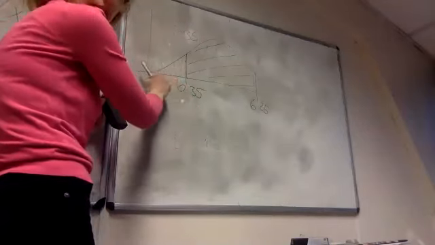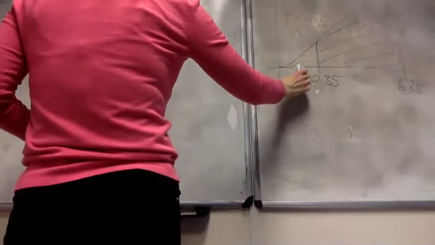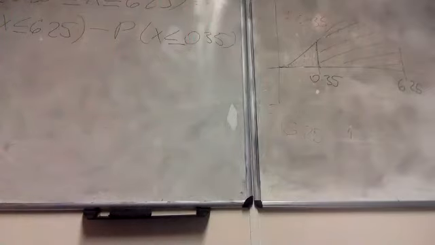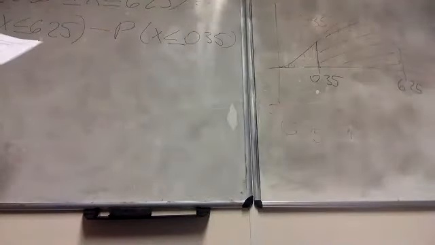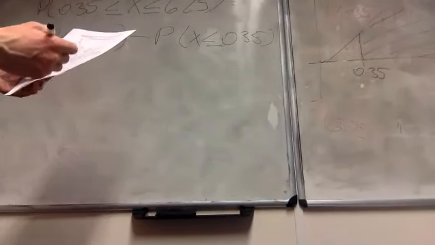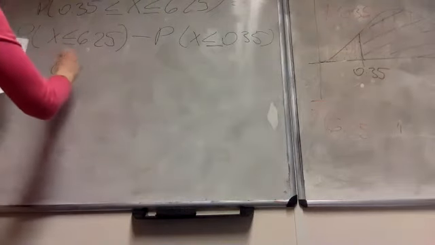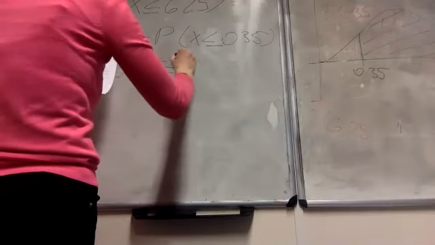This is what we wanted to subtract. And again, we can find these values from online chi-squared distribution tables. So we found that this is 0.9 minus 0.05, which gives us 0.85.